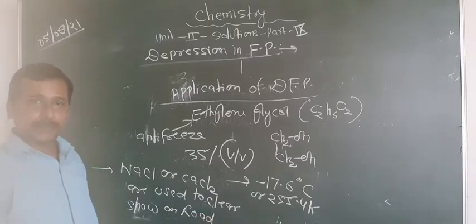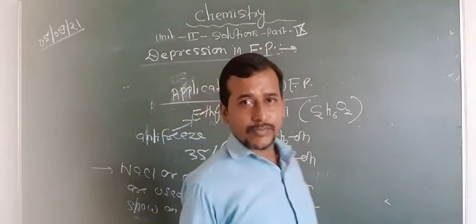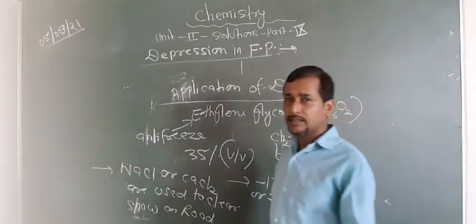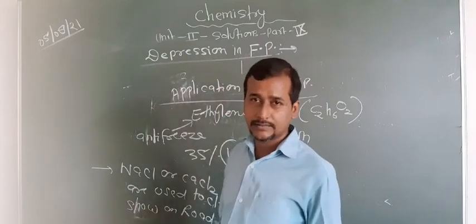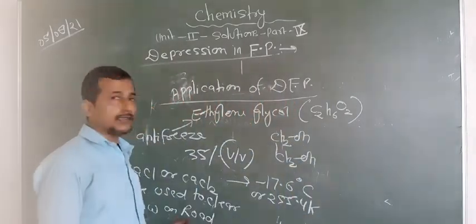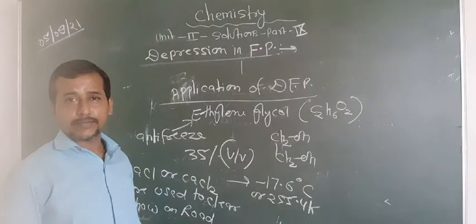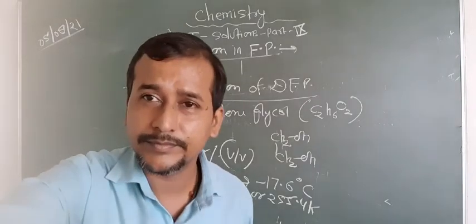Why can this happen? They also depress the freezing point of water. So that's why the ice starts melting, and that's why the road is cleared. So these are all facts regarding the depression of freezing point which are very important. Are you getting this point or not?